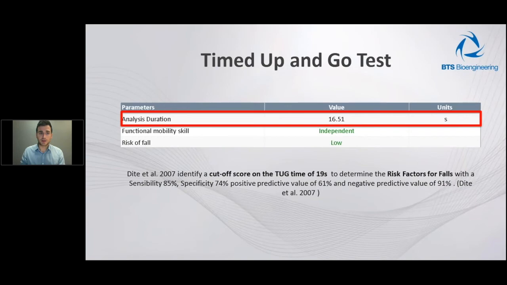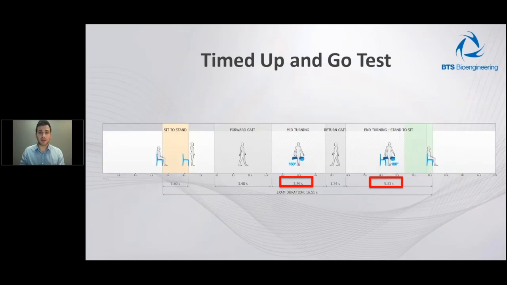And also for the functional mobility, the patient is independent. But also in this case, let's look at the Timed Up and Go subphases. In this case, we can note that the patient spends more time during the turning with respect to the total duration of the examination.